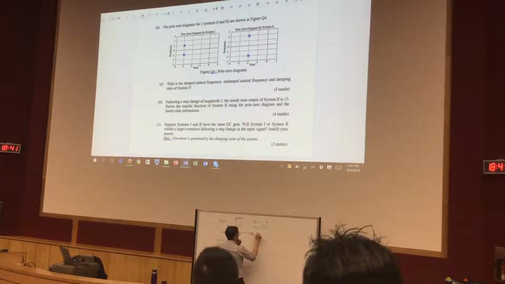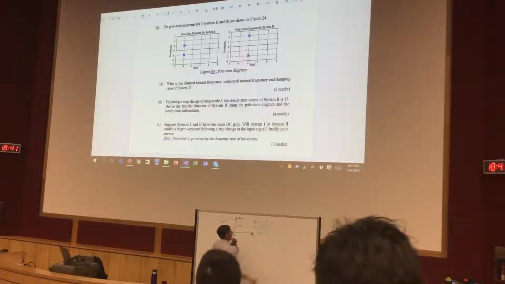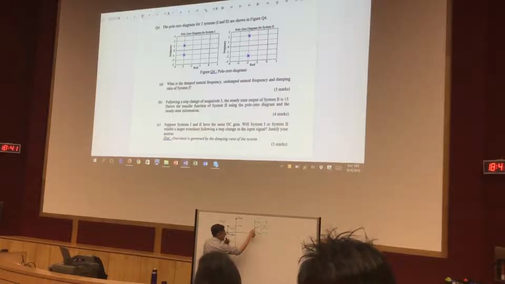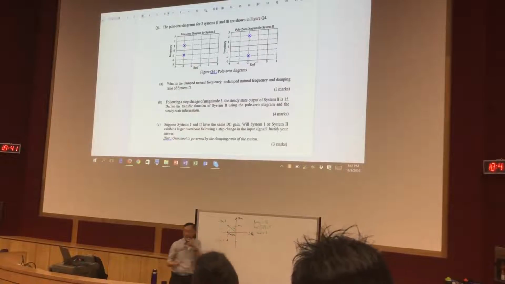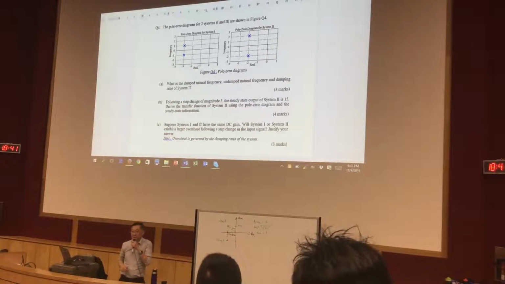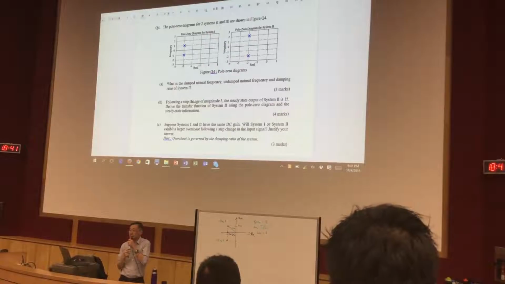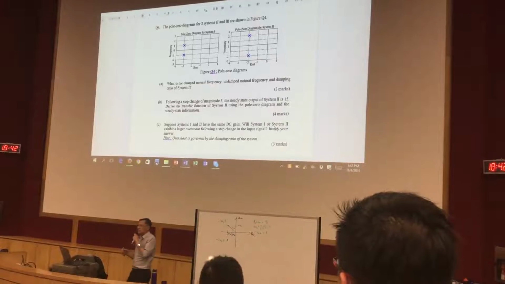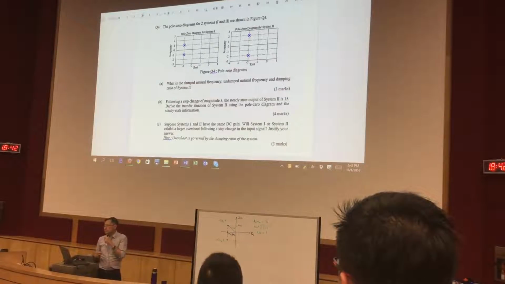Okay, omega d is 1. So he asked you for this, this, and this. So all solved already. That is what was testing you. Okay? So that's part 1.